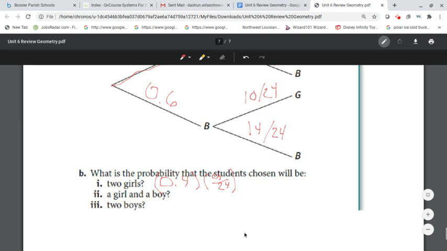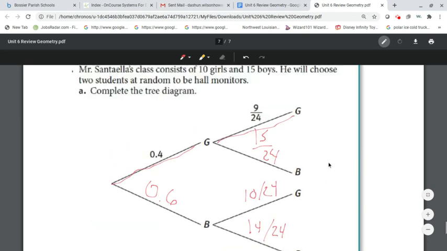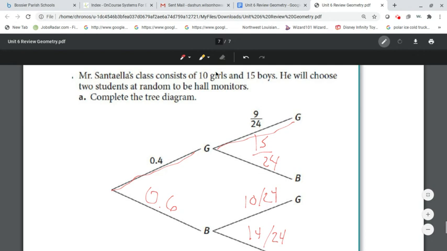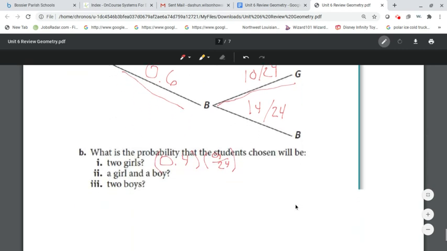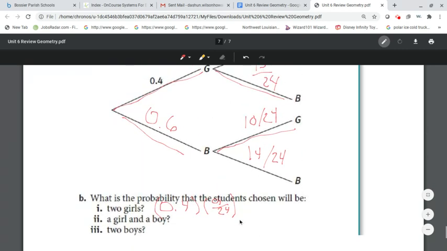All right, the next one, a girl and a boy. So we're going to go back up here. So what is the probability of a girl and a boy? So we're going to use girl and boy. And we can also use girl and boy here. So we're going to do those 2 separate events. So we're going to add the 2 together.